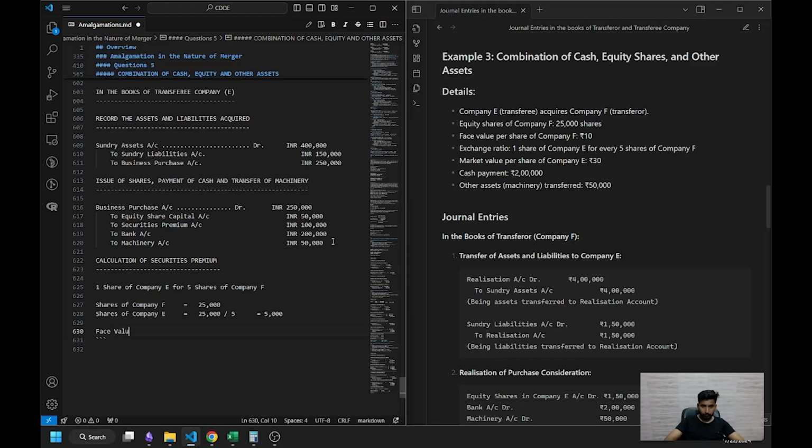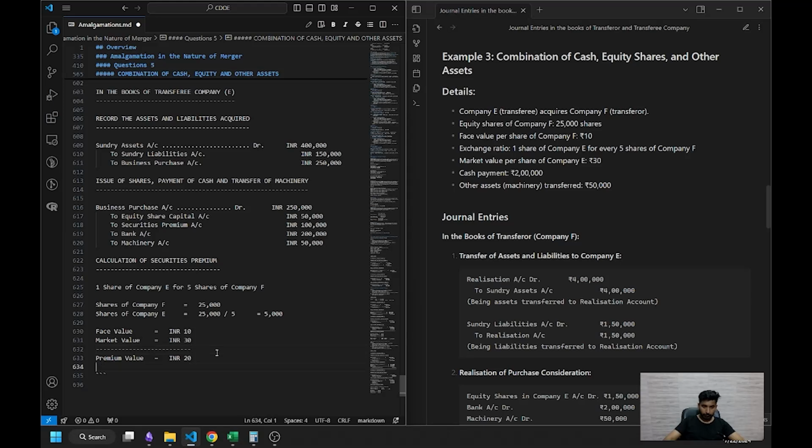Face value is rupees 10 and the market value is rupees 30. Premium value is rupees 20, which is the difference of this, right?